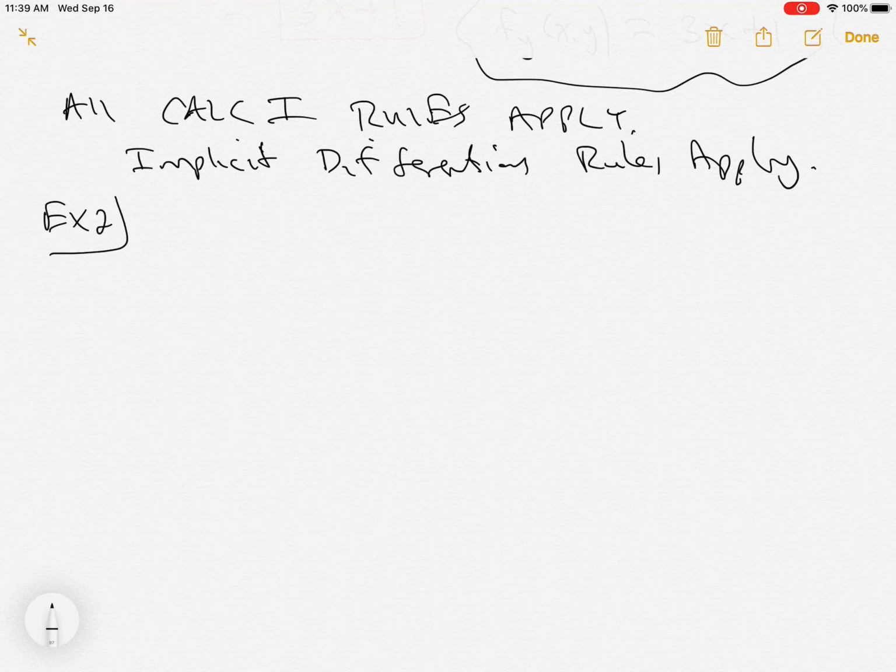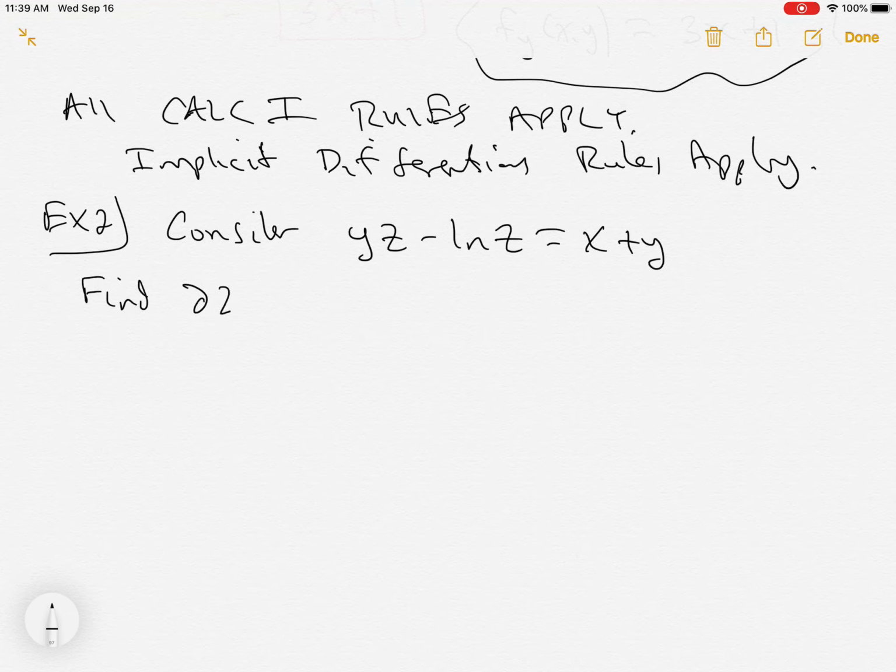So let's consider the equation yz minus ln of z equals x plus y. And we want to find the partial with respect to x of z, right?